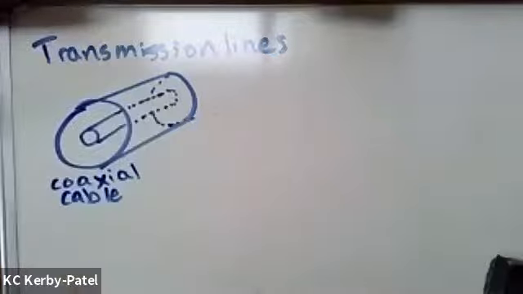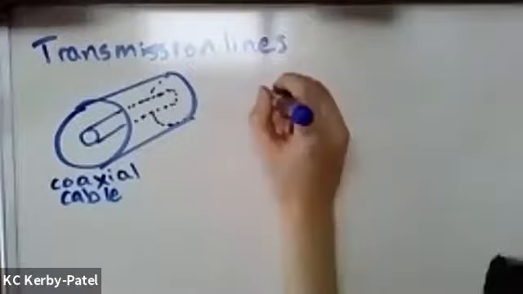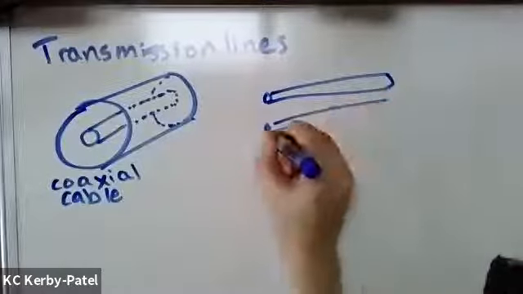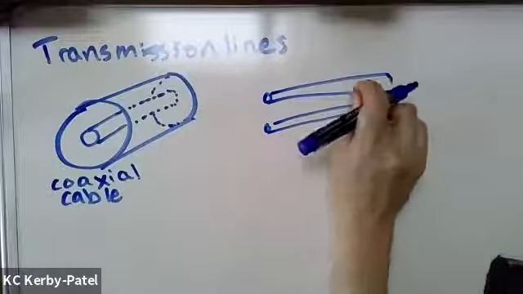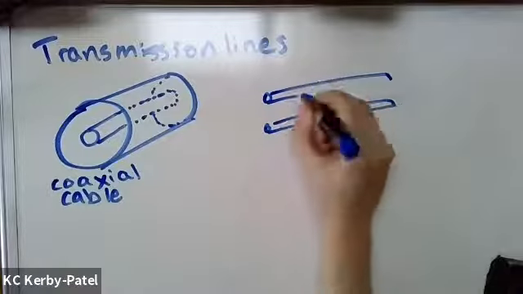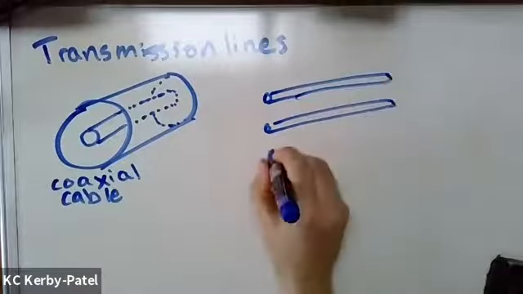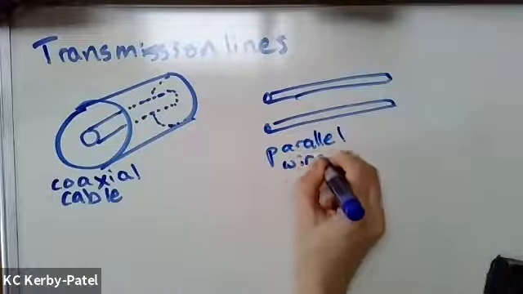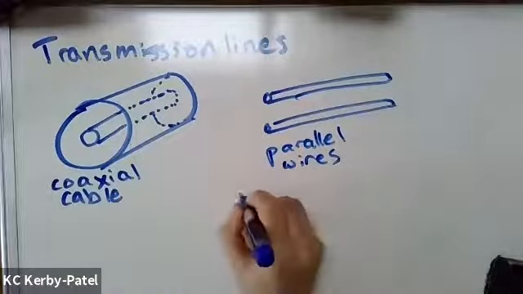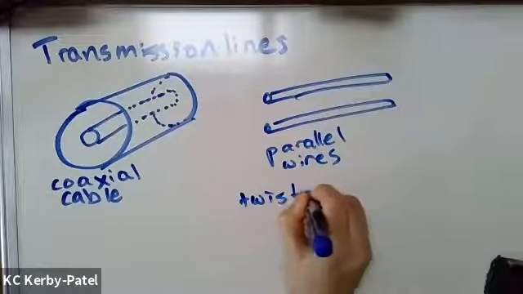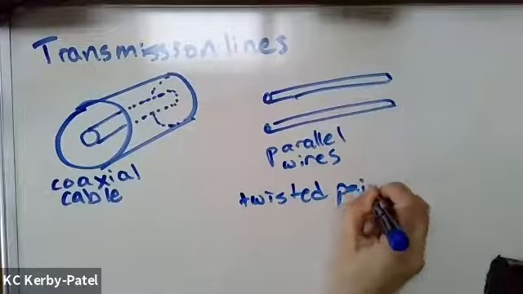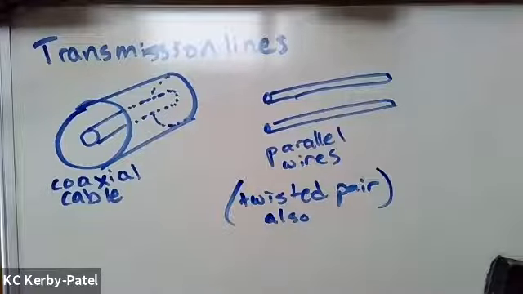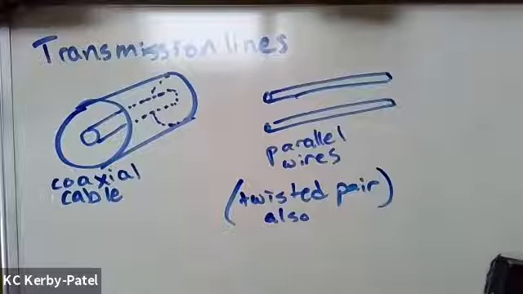That's a kind of transmission line. You could just have two parallel wires. Or you can have twisted pair.